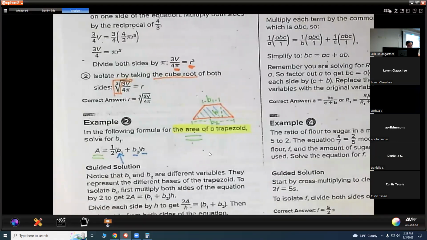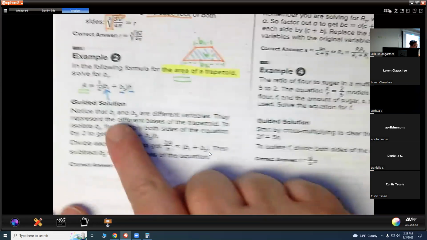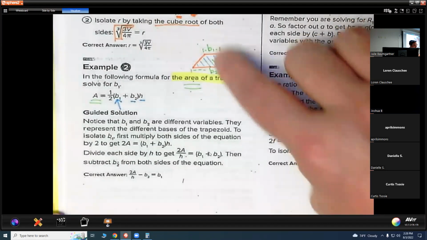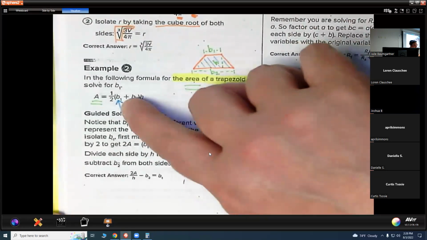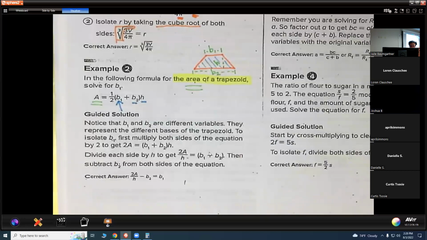A little bigger. Okay. So hopefully everyone sees that B1 and B2 are different variables. They're not the same quantity, and that's why it's sub 1, sub 2. They represent the different bases of the trapezoid. So to isolate B1, first multiply both sides of the equation by 2.